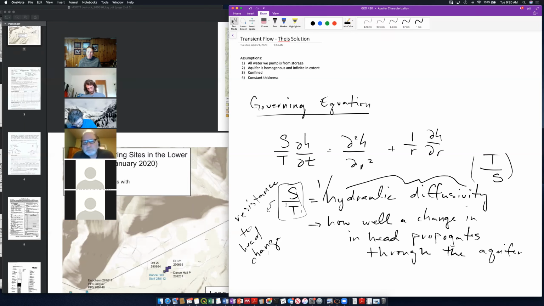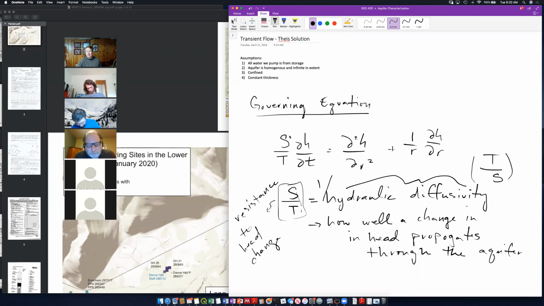That's because the transmissivity will propagate that head, or the water can flow from a very far distance away. If I have a really low transmissivity, even if I've got a big head gradient, the water can't move fast, and so I won't see head change very far away from my well.